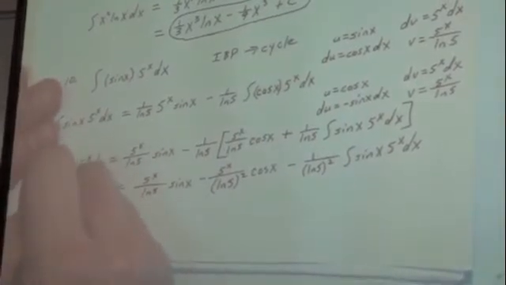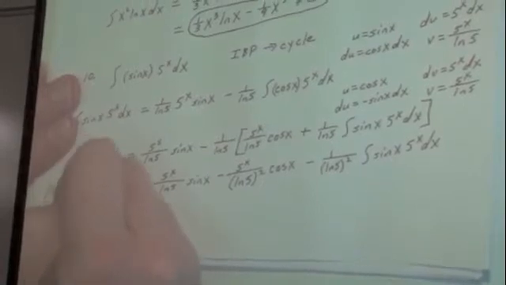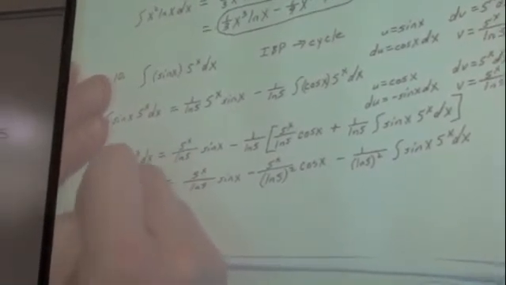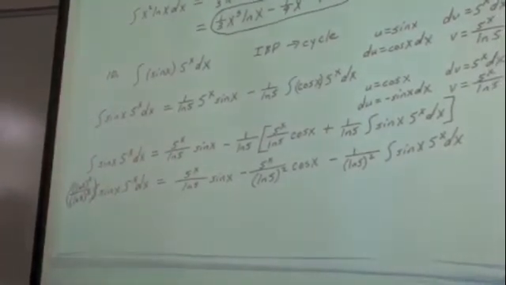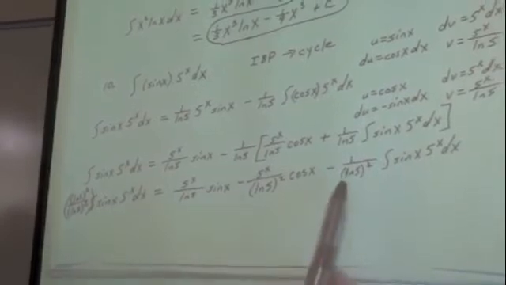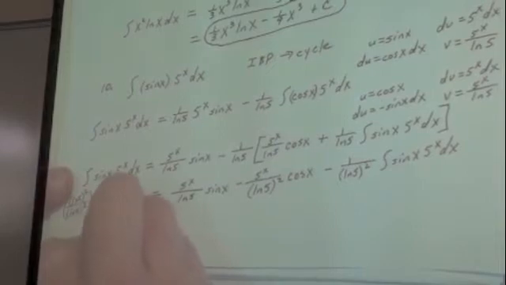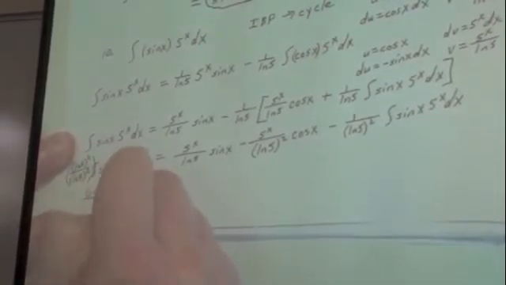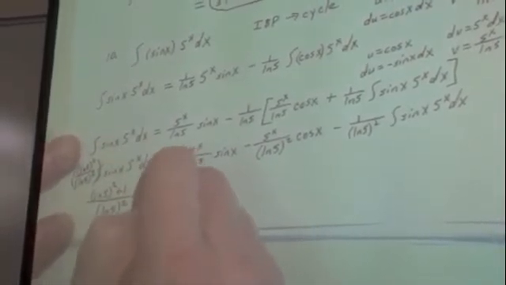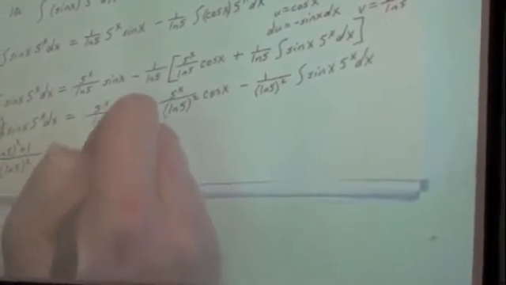Technically, I could call the coefficient of this one the natural log of 5 squared over the natural log of 5 squared. That's just an understood 1. So when I move this term over, my numerator becomes the natural log of 5 quantity squared plus 1 over the natural log of 5 quantity squared, all of that times the integral sine of x 5 to the x dx.